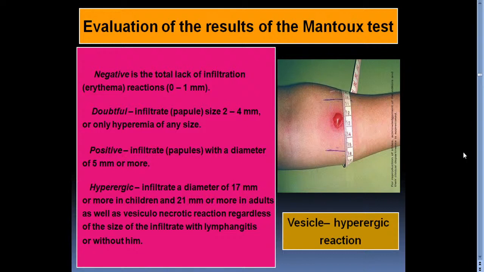Evaluation of the results of the Mantoux test. There are 4 reactions on this test. The first result is negative. Negative is the total lack of infiltration, or erythema reactions from 0 to 1 millimeters.